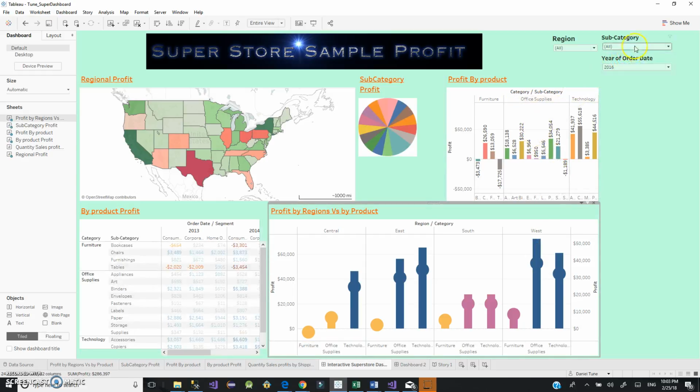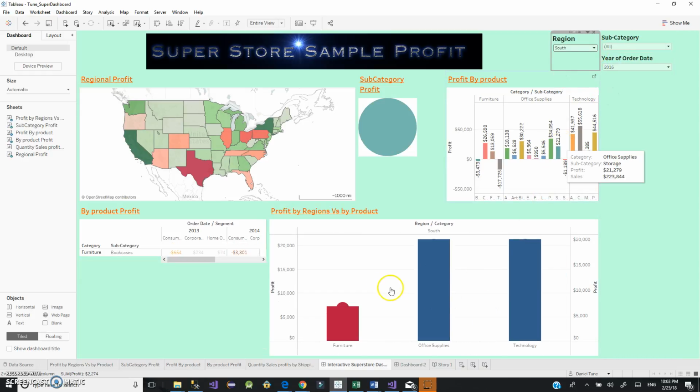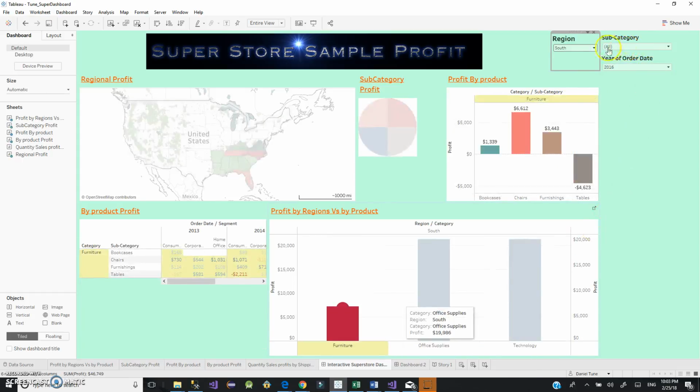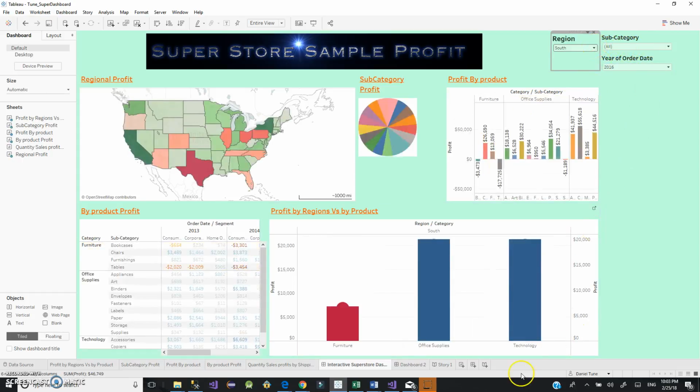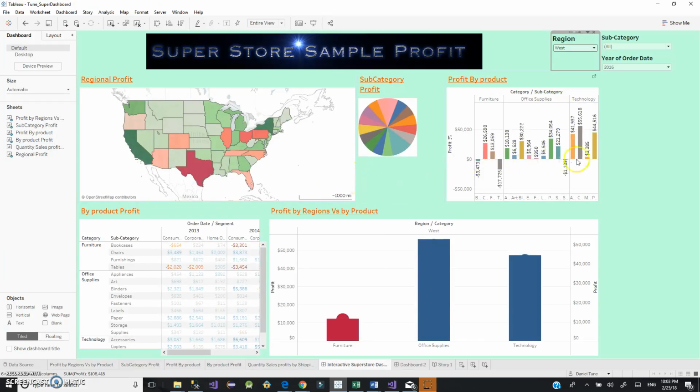Here's also another section up here. Right here is the south section, just like that. The west section is also like that. Let's see 2013, no, all.